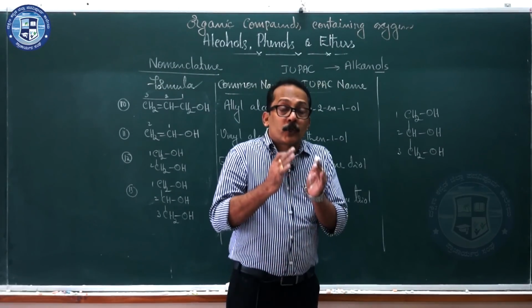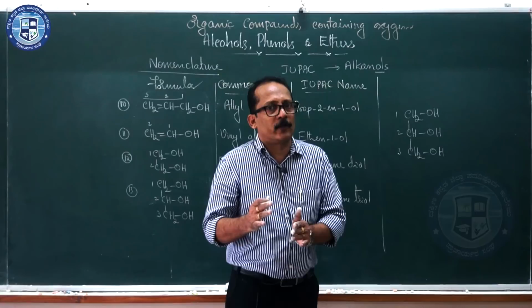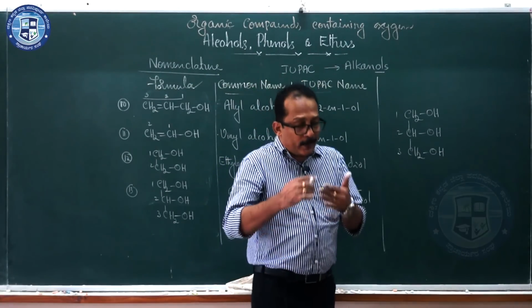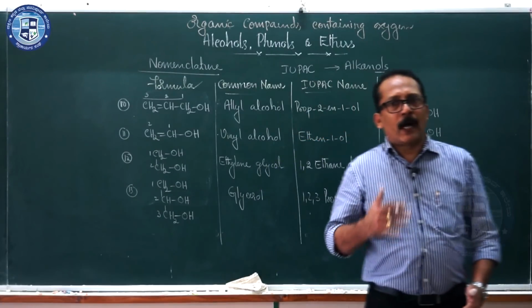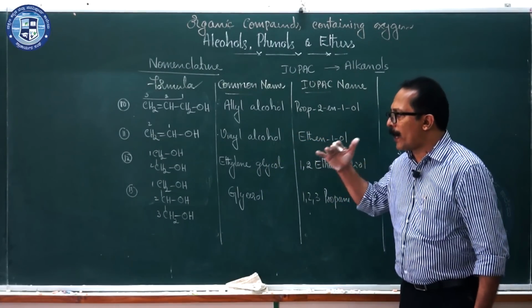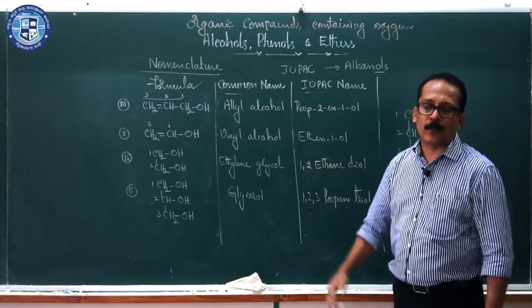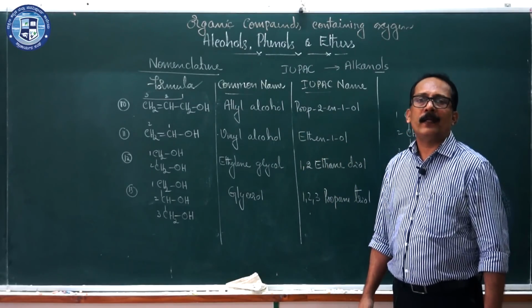Therefore, glycerol contains two primary hydroxyl groups and one secondary hydroxyl group. The IUPAC name of glycerol is 1,2,3-propanetriol.